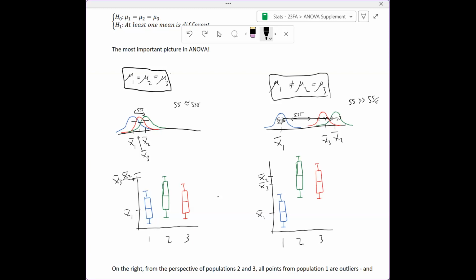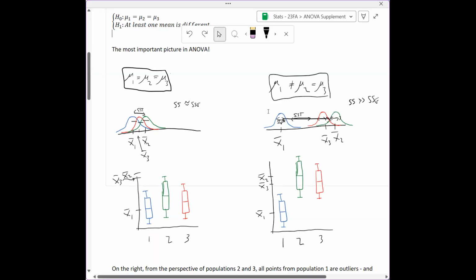So when we put all of the data together and compute a variance on the top right, that variance for the combined data is going to be much larger than the variances for the individual samples, whereas on the top left, the variance for the overall data is probably going to be about the same as the variance for any of the individual samples. So this is why we can analyze variances.